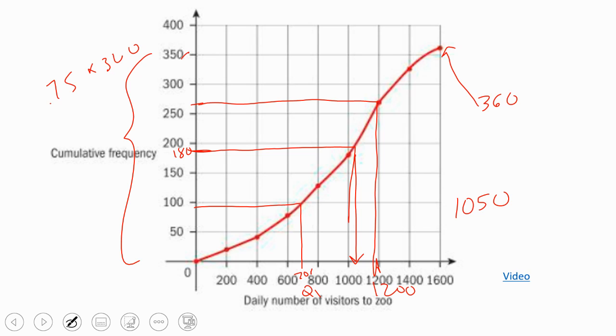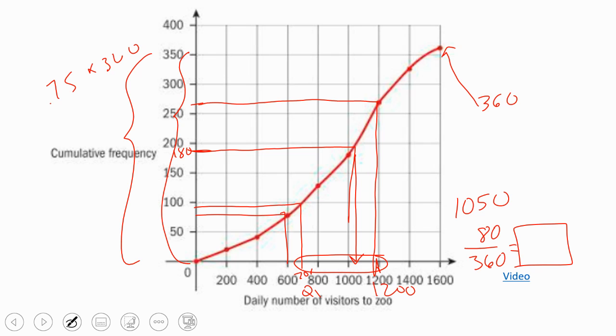Notice there's symmetry here, but not over here. These are not necessarily symmetric. If you had to find a percentile, let's say what percentile of the values fell below 600, there's 600. You go up and over, it's about 80. So you would take 80 out of 360, change that to a percent. We're going fast. We're going fast.